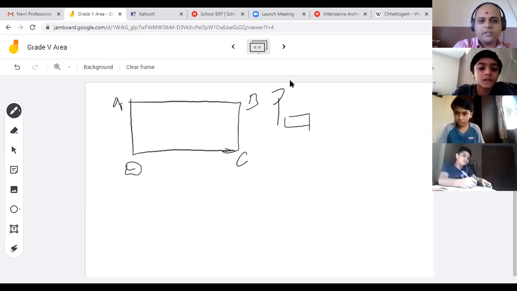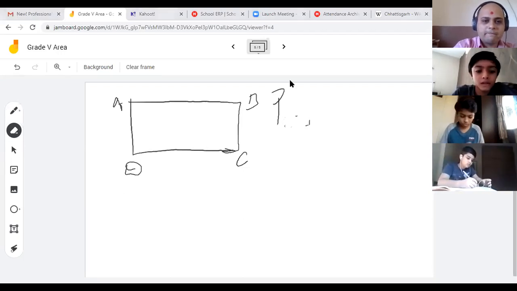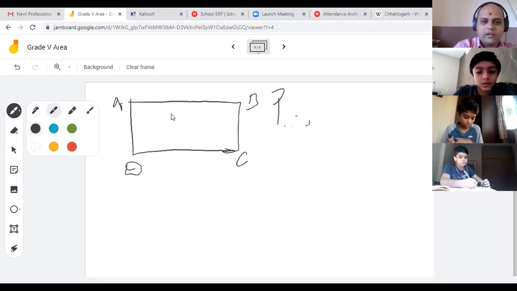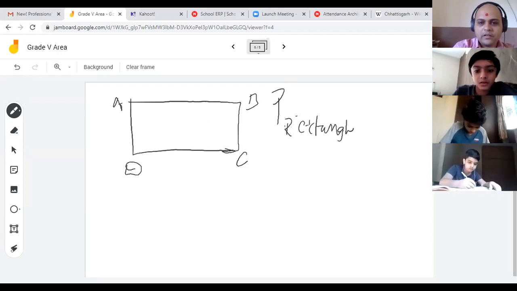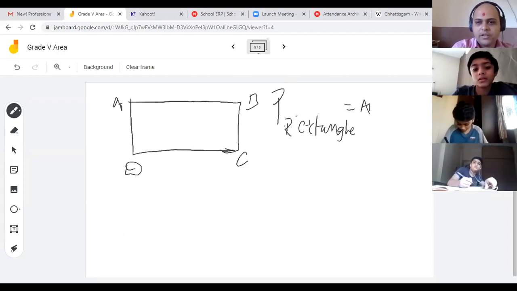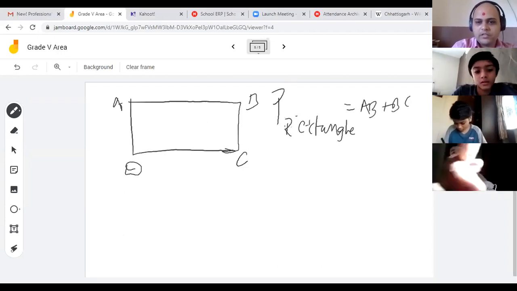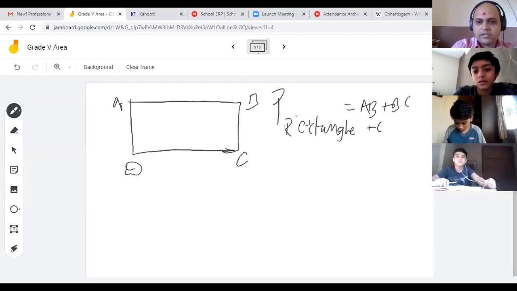Or I can write perimeter of rectangle is equal to distance AB plus BC plus CD plus DA, right?